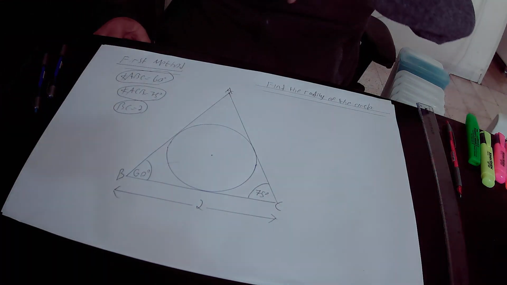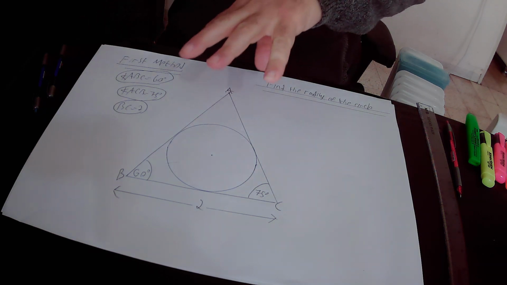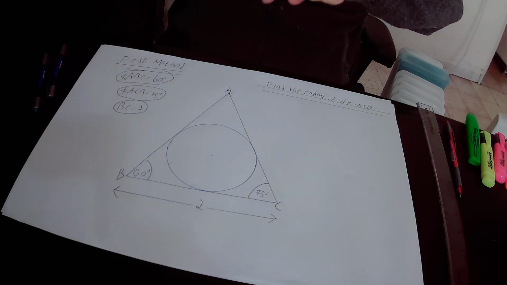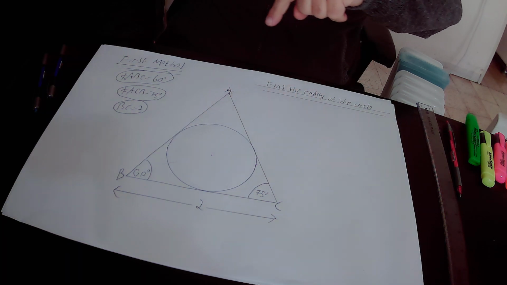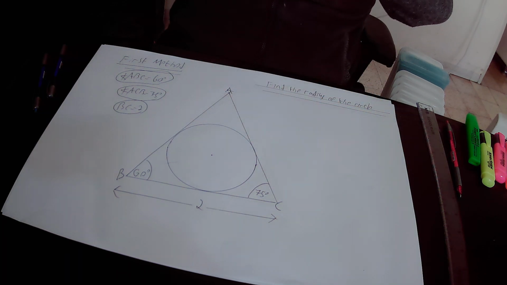Now, in this lecture, we find out the radius of a circle using two different methods. In the drawing, we have a triangle ABC that blocks the circle, or the circle is inscribed by triangle ABC.